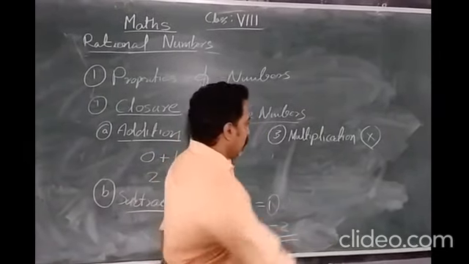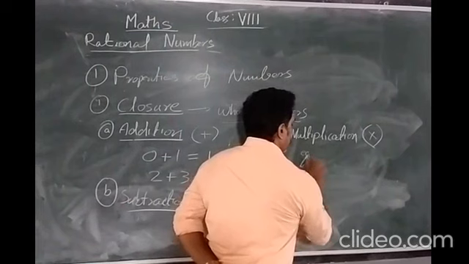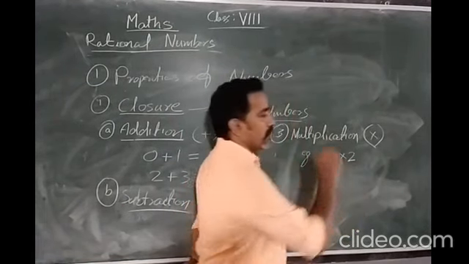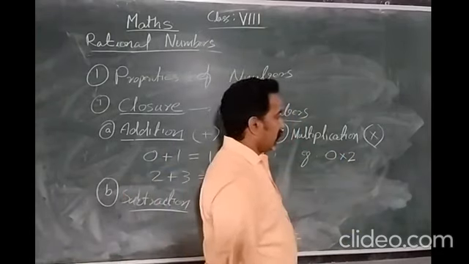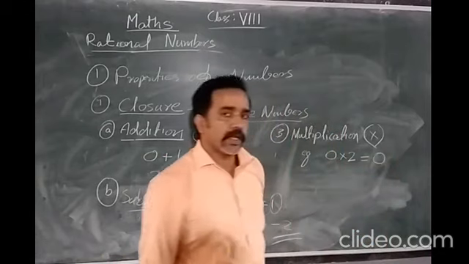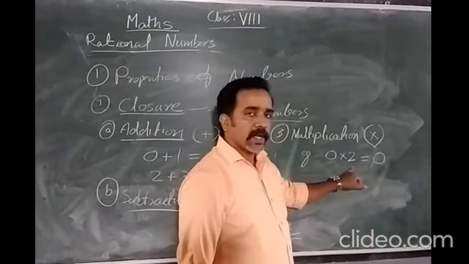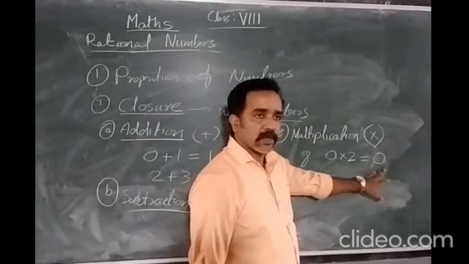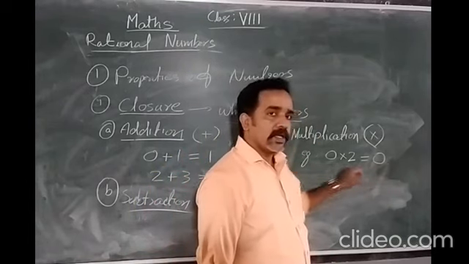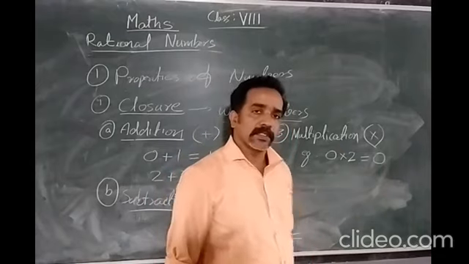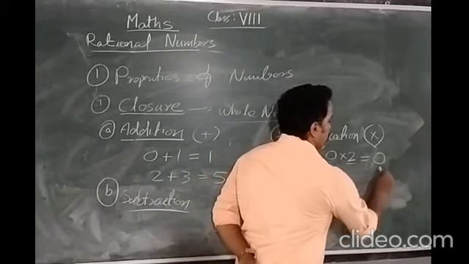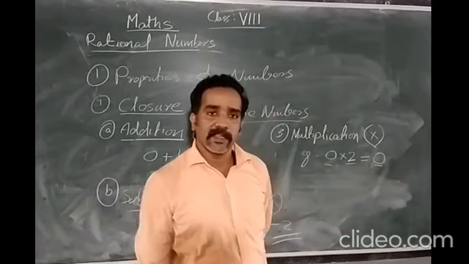Take two whole numbers, for example 0 into 2. 0 is a whole number, 2 is a whole number, and 0 into 2 is also 0. Any number multiplied with 0, the product will be 0. So when you multiply 0 into 2, you get 0, and 0 is a whole number.